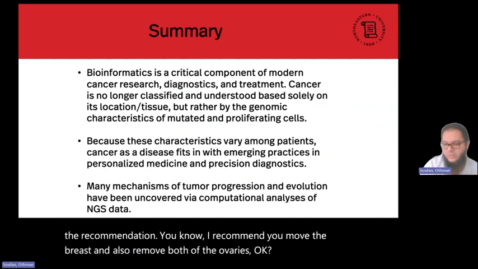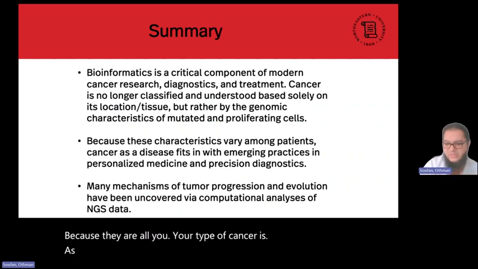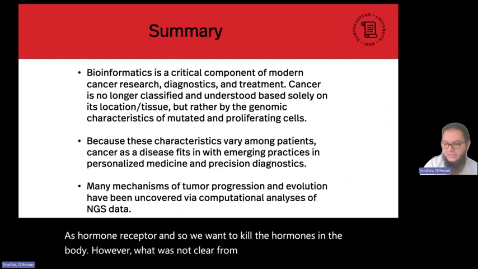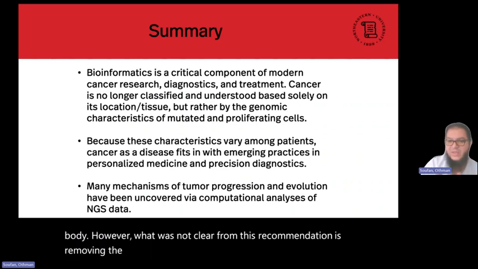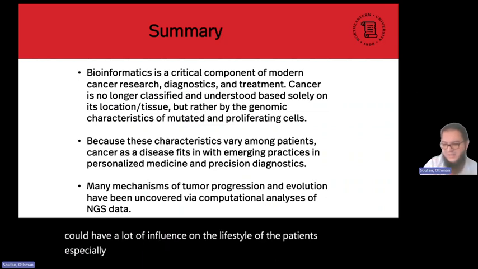Because your type of cancer is hormone receptor positive, and so we want to kill the hormones in the body. However, what was not clear from this recommendation is that removing the ovaries would bring an early menopause, which could have a lot of influence on the lifestyle of the patient, especially at an early stage. Think about a woman in her early 30s and so on.